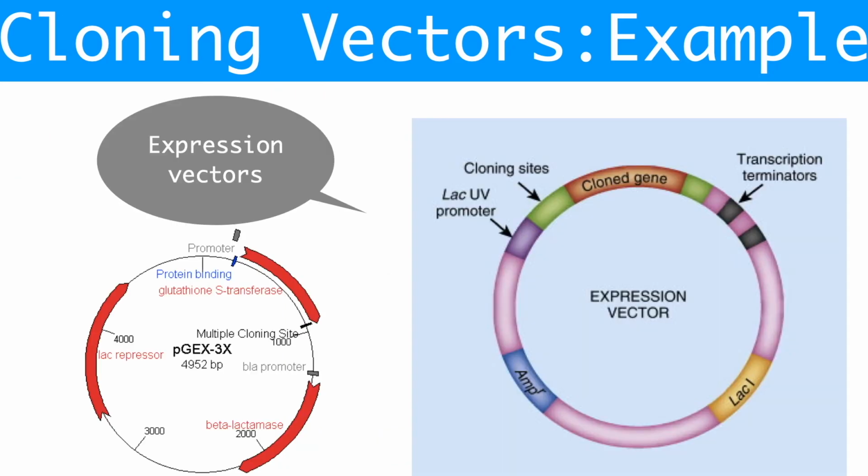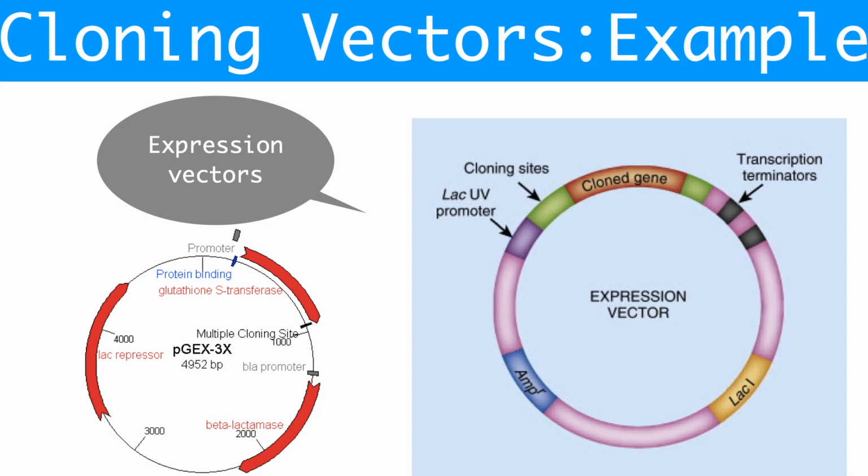Here we have another type of example of gene cloning vectors, and this is the expression vector. Expression vectors are specifically designed to express the transgene in the targeted cells. Generally, they have the promoter sequence that drives expression of the transgene.